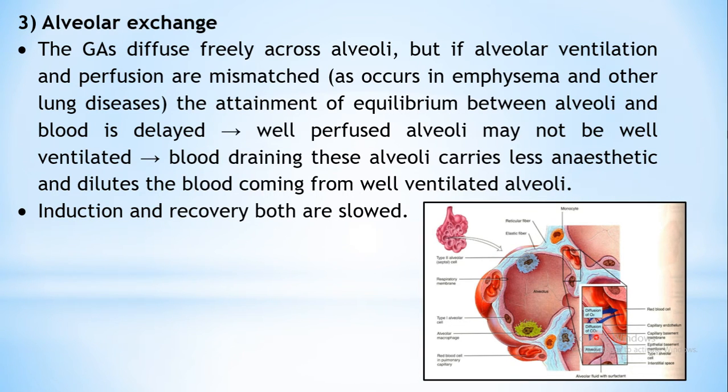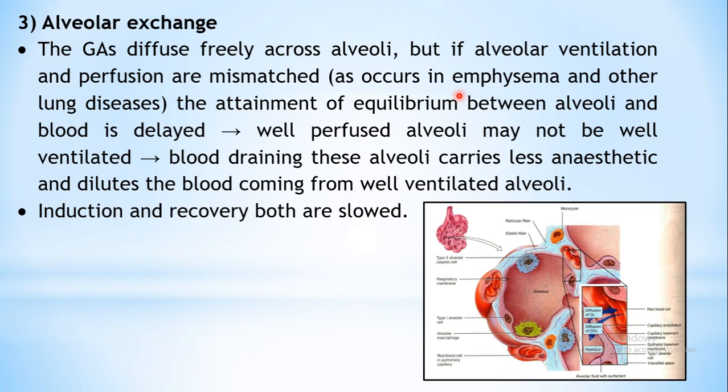So the same is applicable with the general anesthetic also. Supposing there is any mismatch with this ventilation and perfusion, like what happens in case of emphysema, which is a type of COPD.